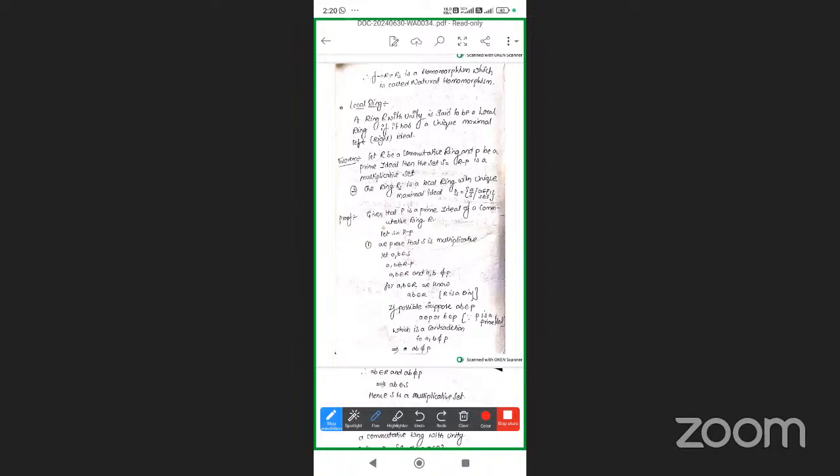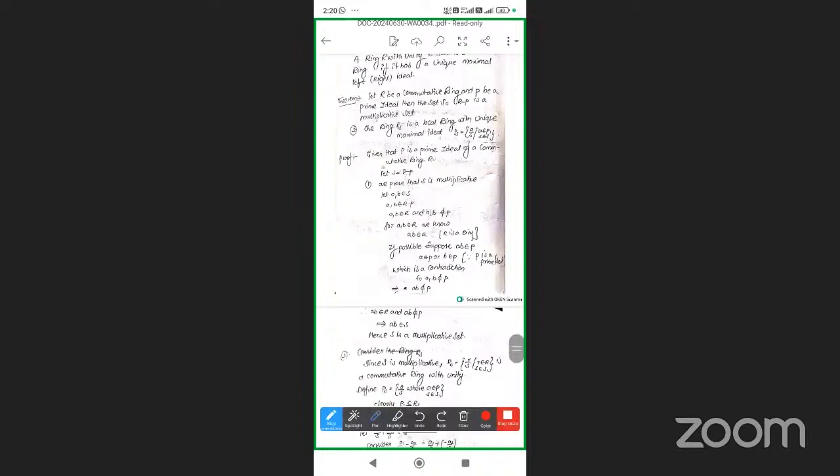Theorem: Let R be a commutative ring and P be a prime ideal. Then the set S equal to R minus P is a multiplicative set.